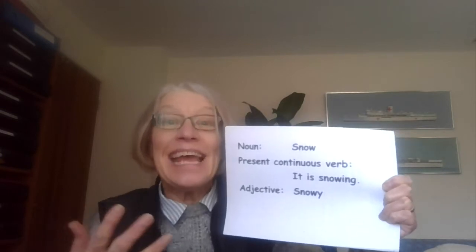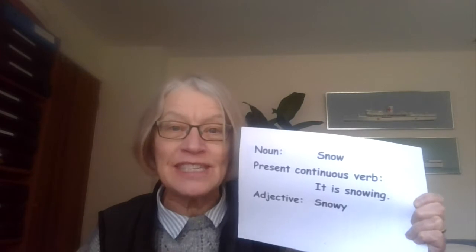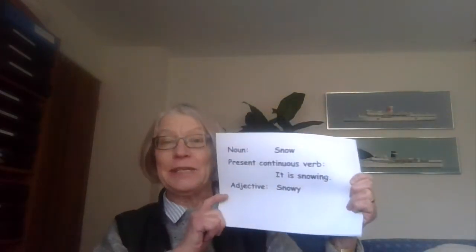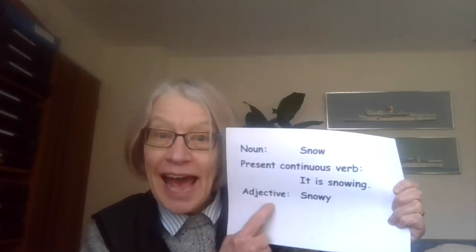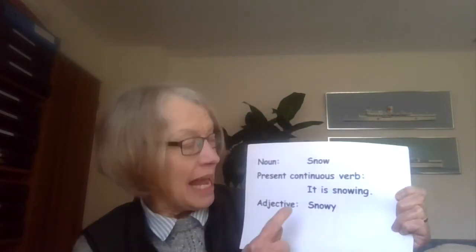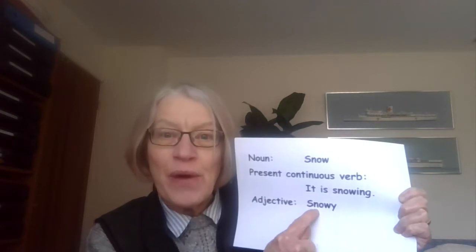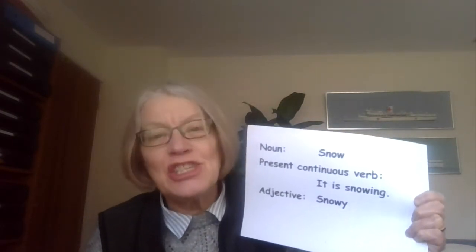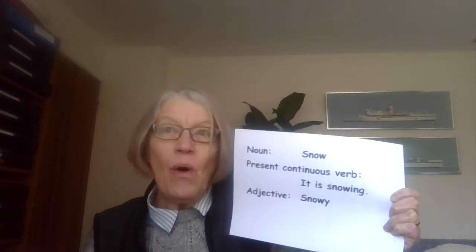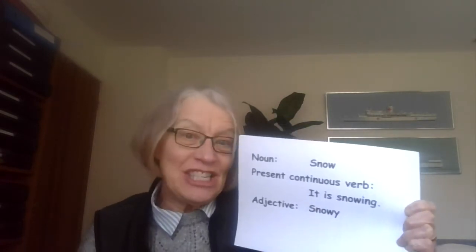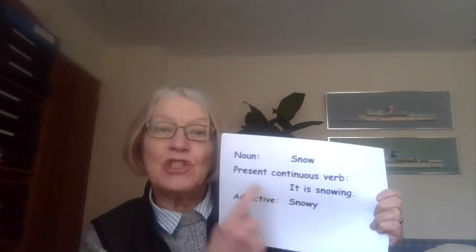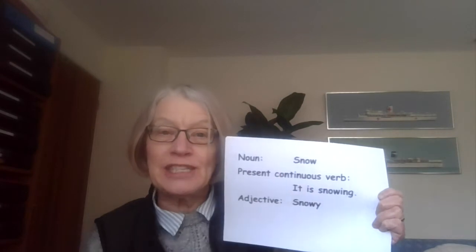So it is snowing means that the snow is falling out of the sky, and it's doing it now, but it keeps on doing it. And the adjective that we can use is the word snowy. So we can say, it is a snowy day, or the ground is snowy. So those are the different parts of speech to do with snow.